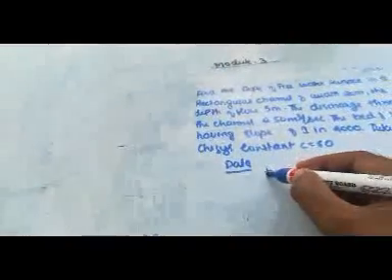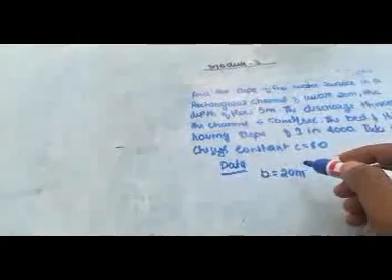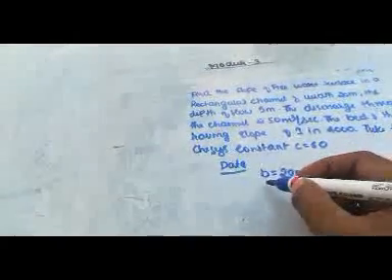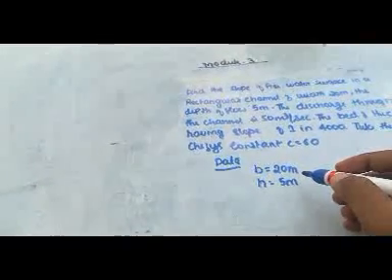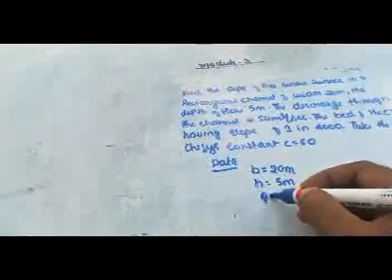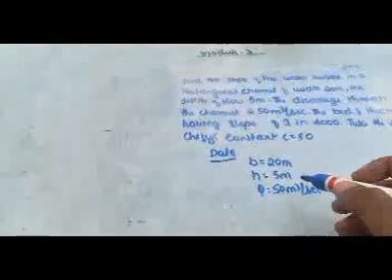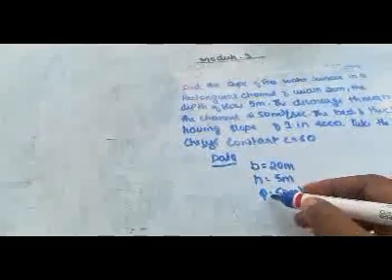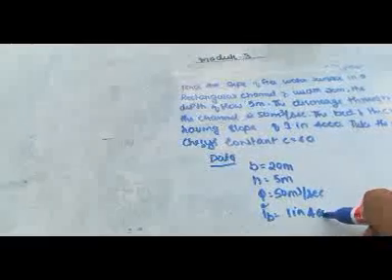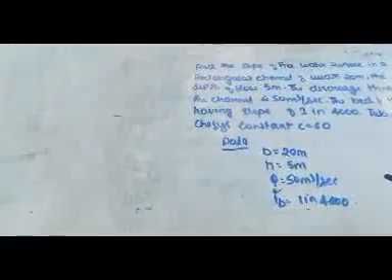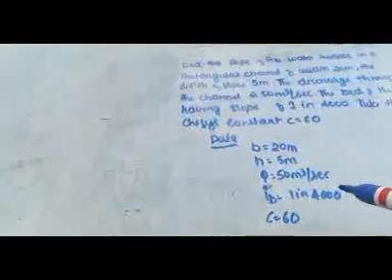Width B is given 20 meter, the depth of flow H is equal to 5 meter, and the discharge through the channel is Q is equal to 50 meter cube per second given, and the bed of the channel having slope IB is equal to 1 in 4000, and Church's constant C is equal to 60.